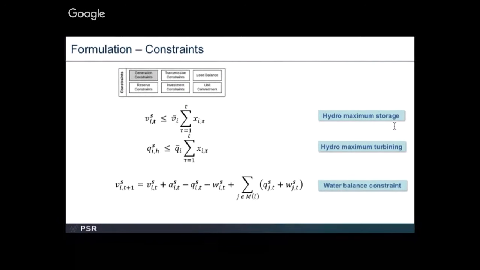So talking about some of the main constraints, we have some generation constraints, just like hydro maximum storage, hydro maximum turbining, and water balance constraints, modeling the hydro plant generation.